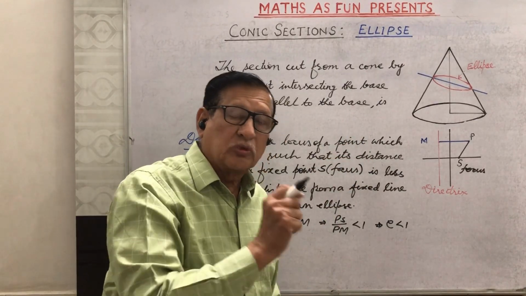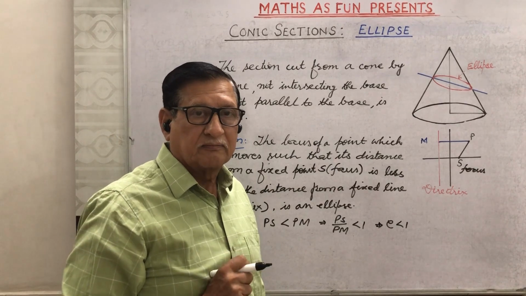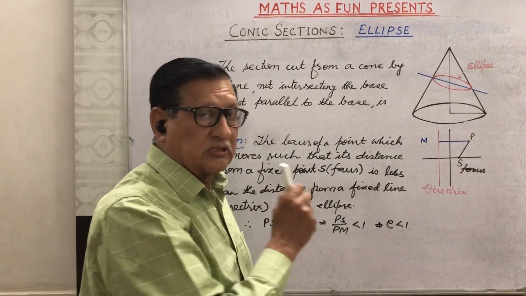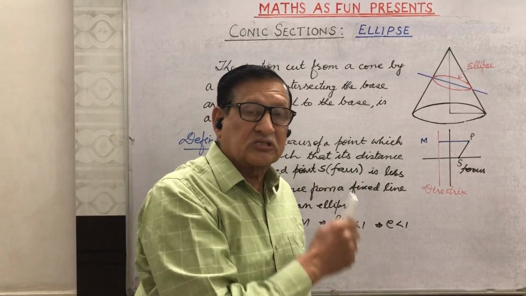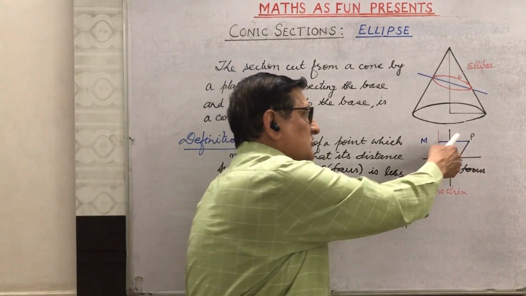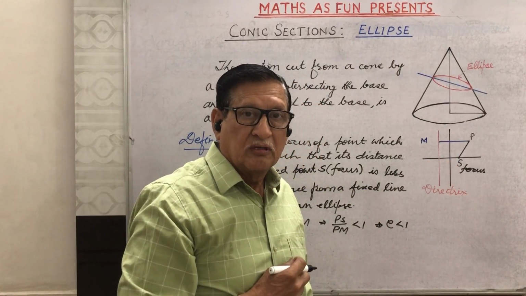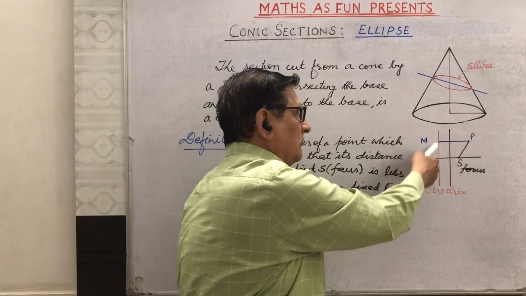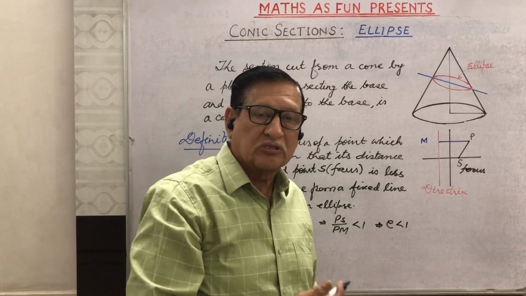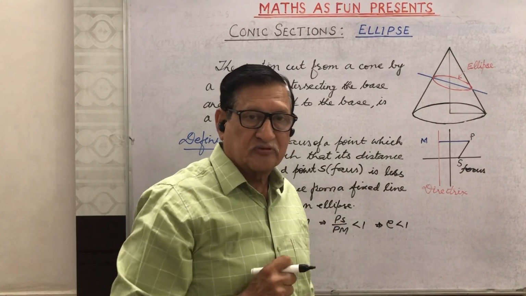Now if we talk about the analytical definition of the ellipse, then we can say that the locus of a point which moves such that its distance from a fixed point, that is the focus, is less than the distance of the point from a fixed line, that is known as the directrix, is an ellipse.